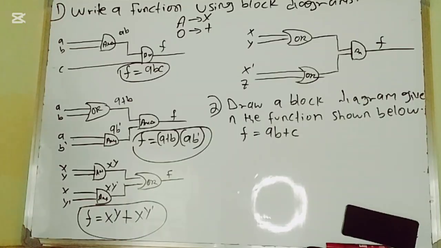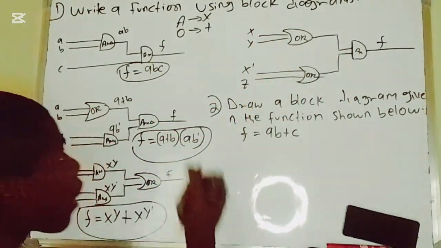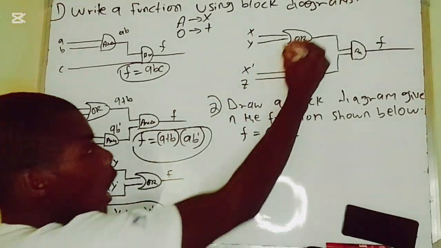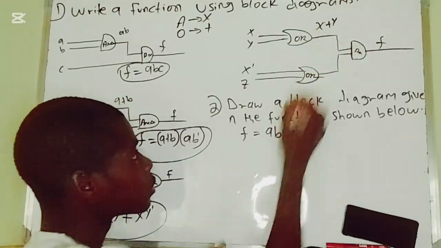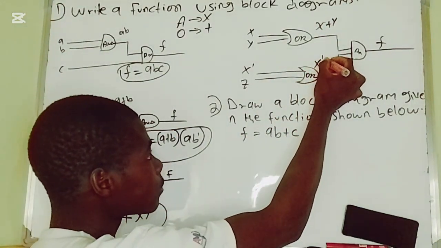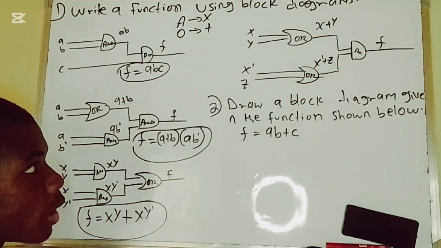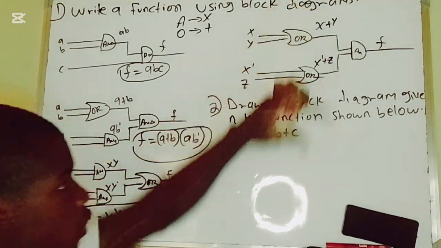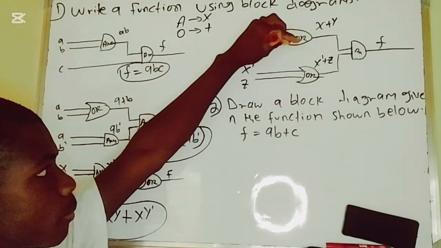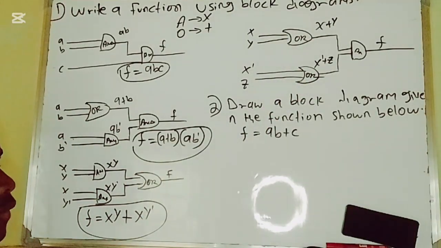So let's take a look at the next one. This is an OR, and OR is addition, so the two inputs X and Y, I will add them together: X plus Y. And also this one, I will add them together, which is X prime plus Z. So I have X plus Y and X prime plus Z as my new inputs to this AND, and AND is multiplication.